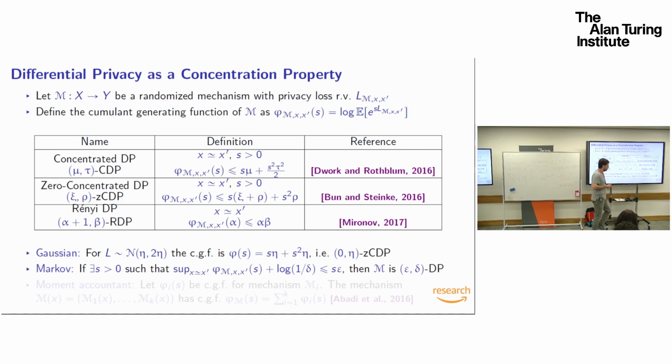So the sufficient condition gives you epsilon delta DP. So you can always go from concentrated to approximate differential privacy.